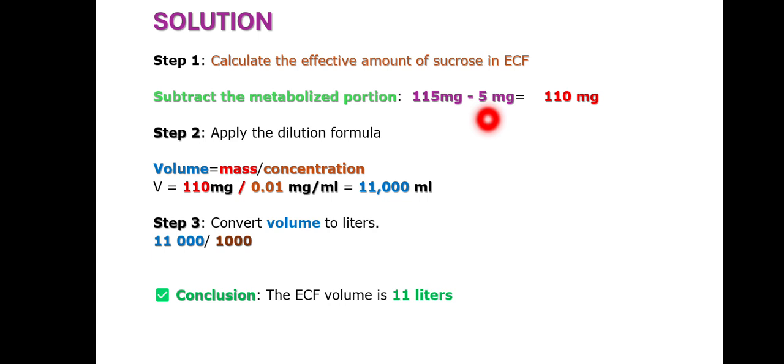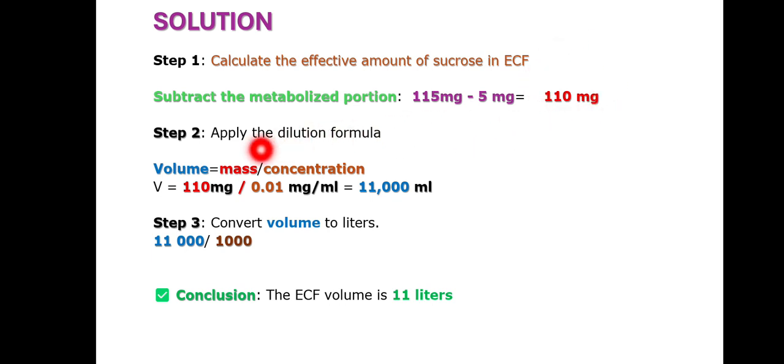It should never be toxic. It should never be metabolized. It should never have any distribution of water. It should never be changed, and if at all it gets changed, we must know the specific amount. Here it was changed, and we know the specific amount, 5 milligrams. We subtract 115 minus 5 milligrams. That is 110. We have the mass and it never changes.